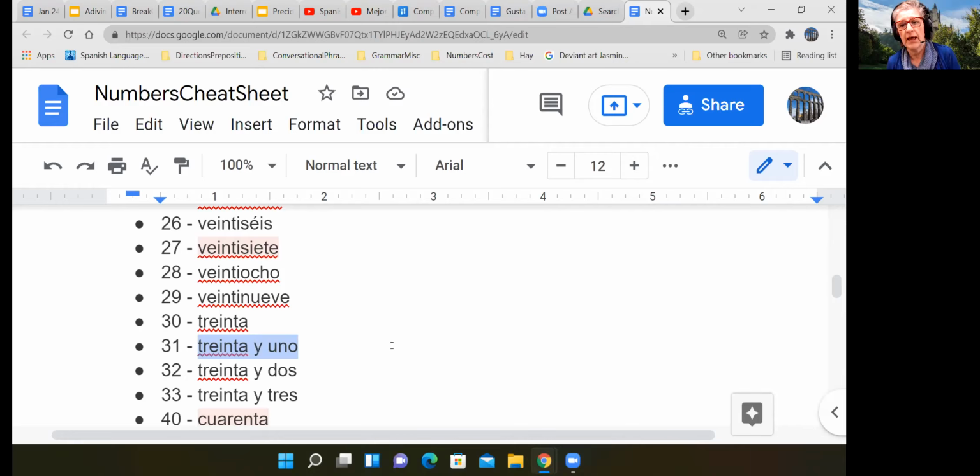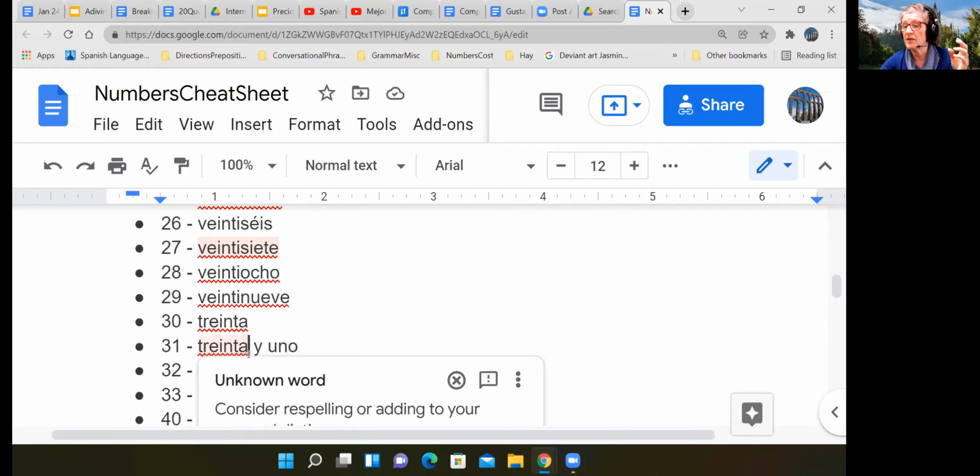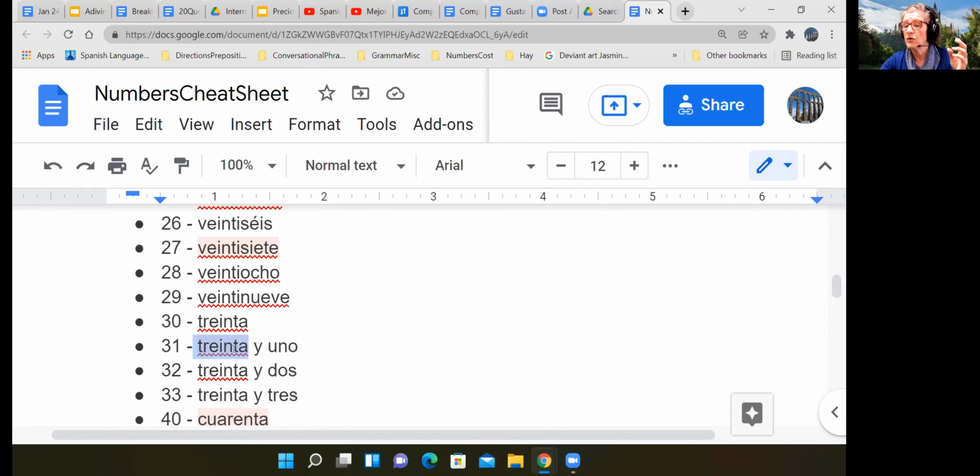Nobody. It's there for you to know how the word is spelled, because how you spell it is how you say it. But in reality, folks, when people say treinta y uno, it's still going to sound like it's running together. Those vowels are going to join together to the point where what you're really listening for is this combo to lead off: treinta y uno.